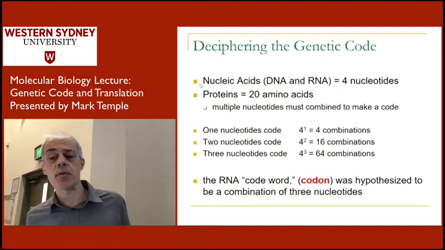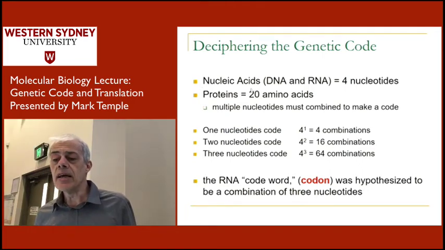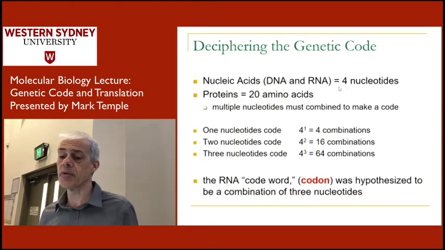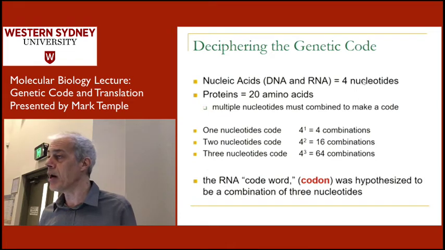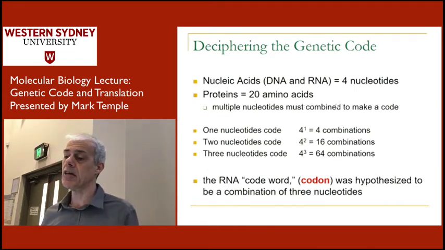If you look at a nucleic acid sequence, a DNA or an RNA sequence, you've got a repeating sequence of 4 nucleotide bases. But when you look at a protein sequence, you've got a repeating sequence of 20 amino acids. So there's quite a big distinction between the number of bases in nucleic acids and the number of amino acid residues in proteins. You've only got 4 bases, but you've got 20 amino acids.